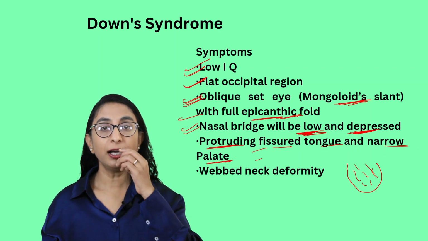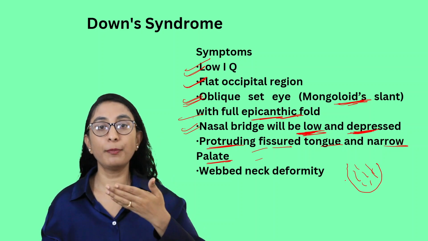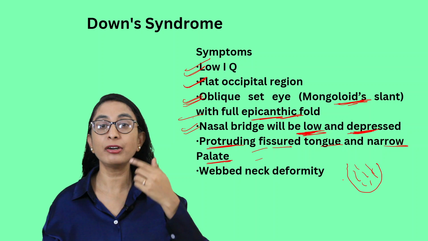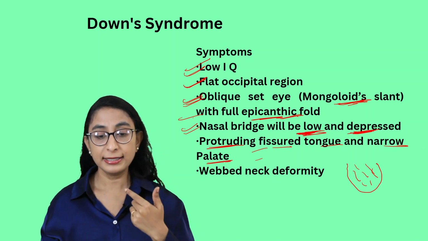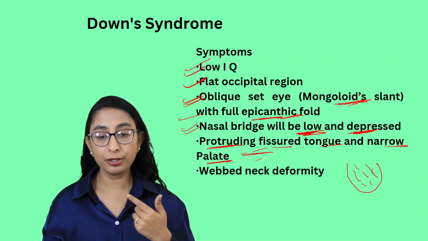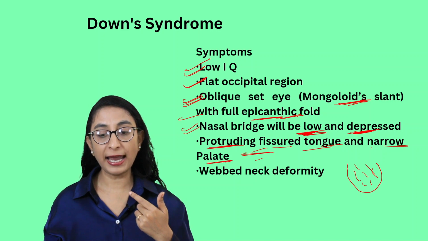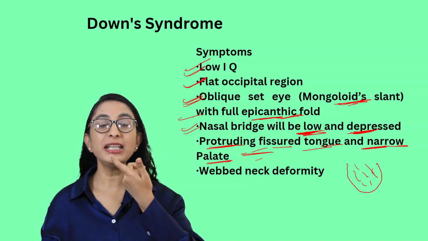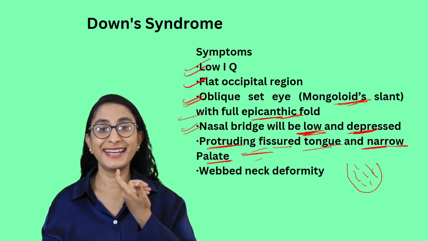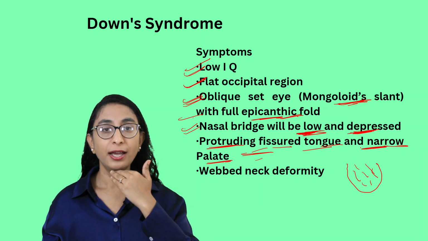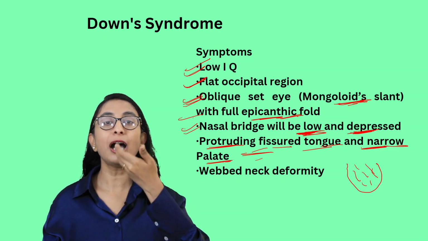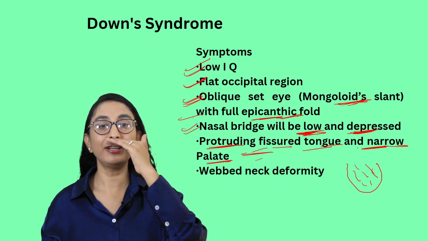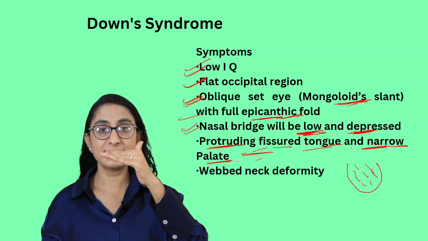Okay, so the tongue will always be coming out of the mouth. It will be protruding and saliva will always be coming out of the mouth. This is what we mean by protruding fissured tongue and narrow palate. Palate means the roof of the mouth, right? Suppose you touch your tongue to the upper part of the mouth, you can feel a flat surface, isn't it?